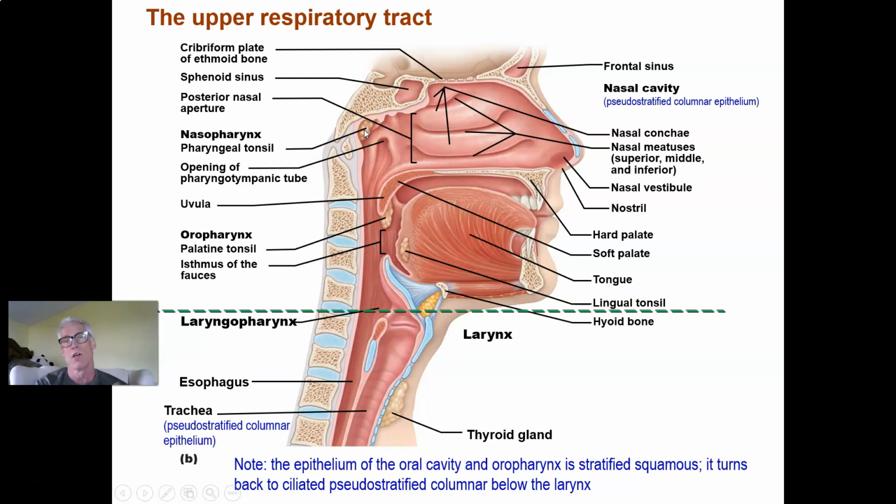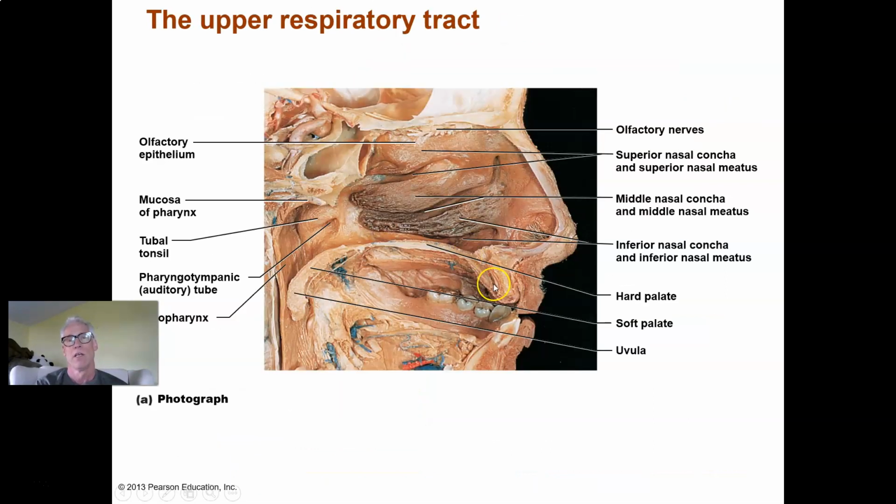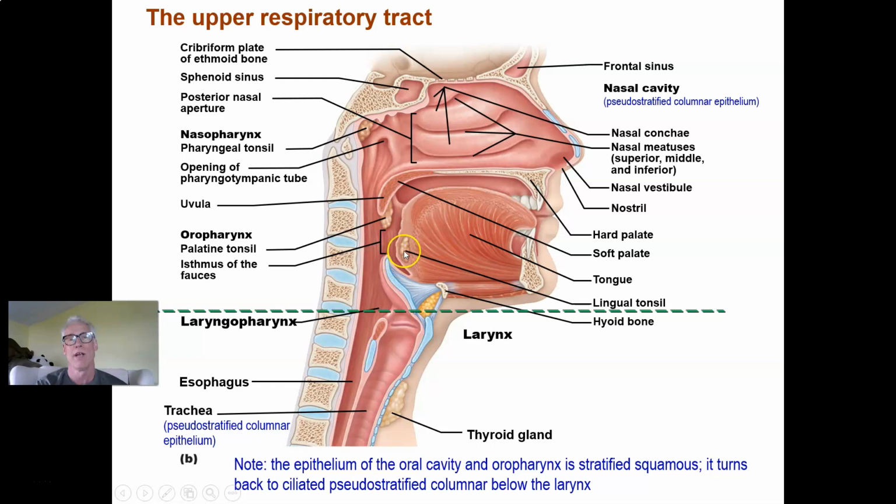Interestingly, we just finished talking about the immune system. We see in this diagram a number of clusters of tonsils, concentrations of tonsils, which are regions of lymphoid tissue in the pharynx and on the posterior of the tongue here. So we have the pharyngeal tonsils at the superior part of the pharynx.